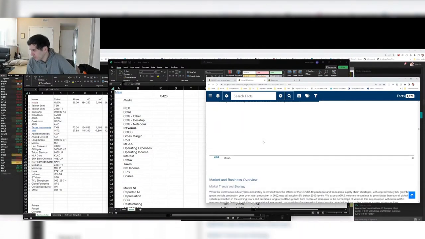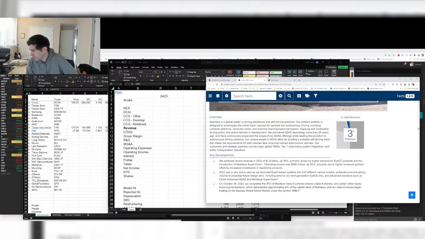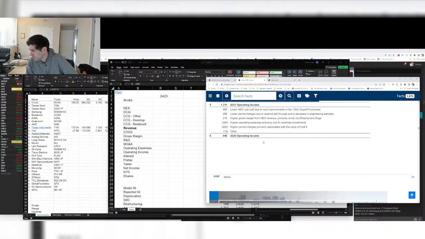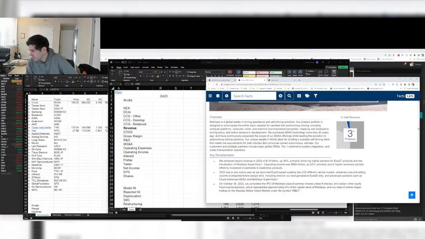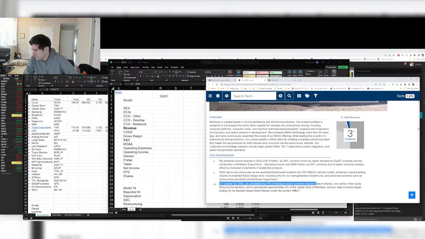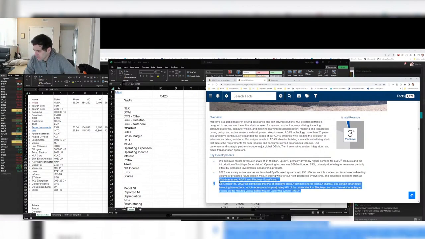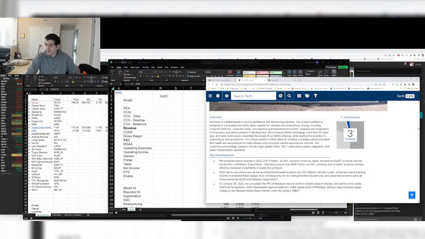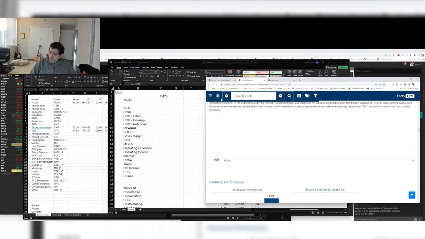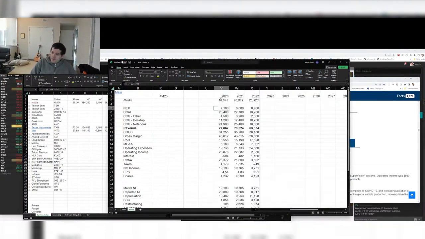Do they still own most of it, maybe? Looks like they sold 6% of Mobileye. So it looks like they still own most of Mobileye. This is a bright spot as well. Pretty small though.